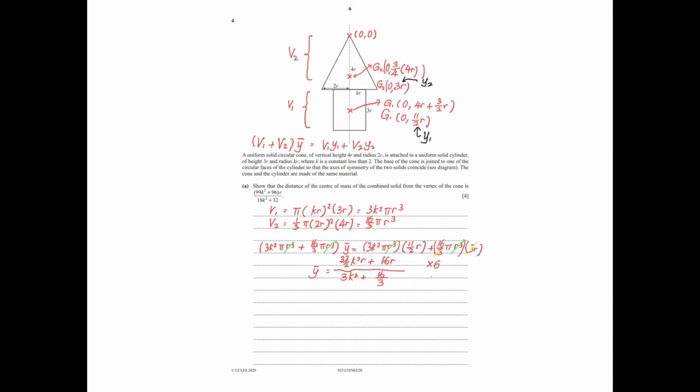We multiply with 6 up and down, and hence you will get 99k square plus 96, factorize the r, over 18k square plus 32. And this is the answer for part A.